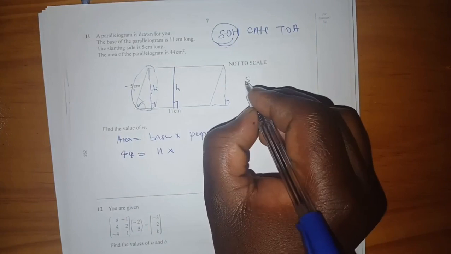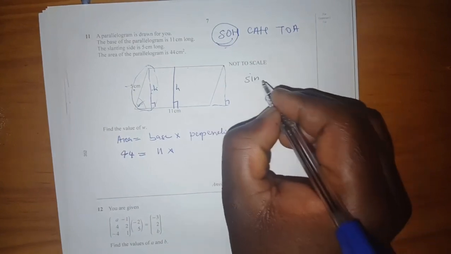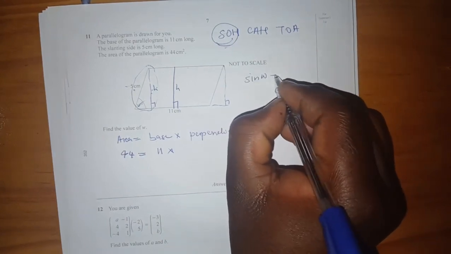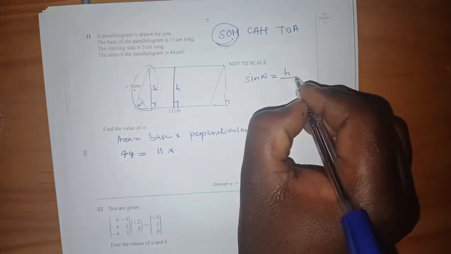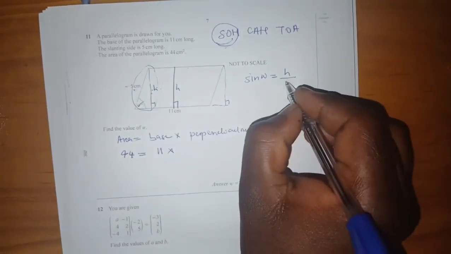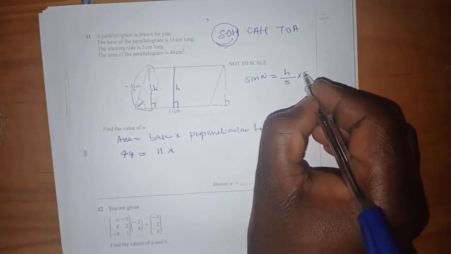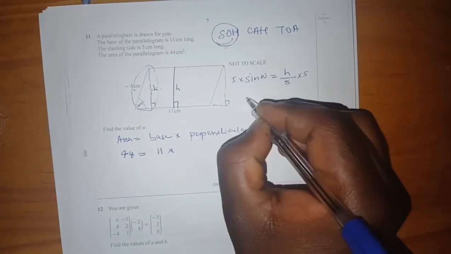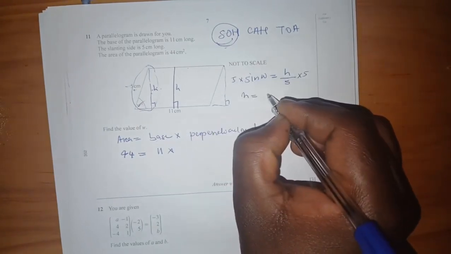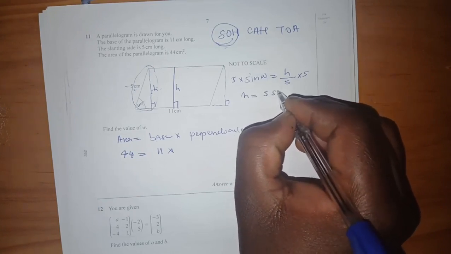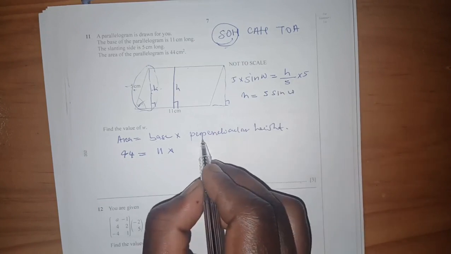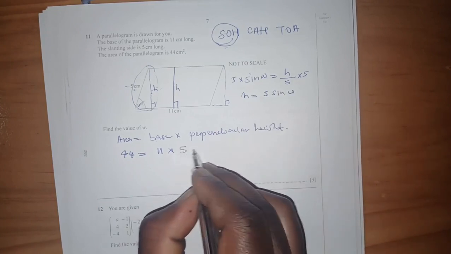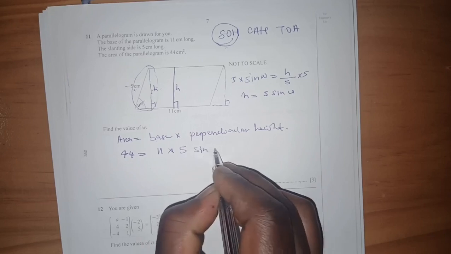So basically you have sine W is equal to the opposite, h, over the hypotenuse, which here is 5. Multiplying by 5 on both sides, you get that h is equal to 5 sine W. So the perpendicular height is actually 5 sine W.